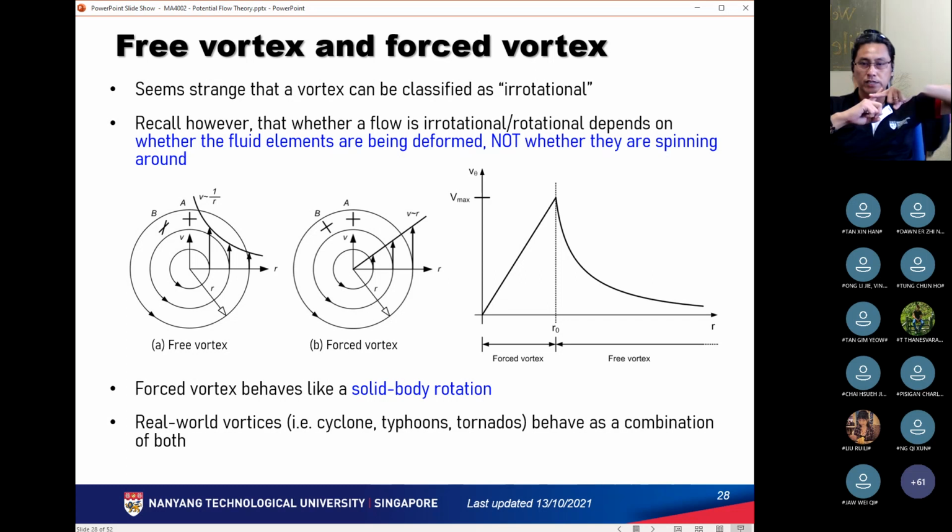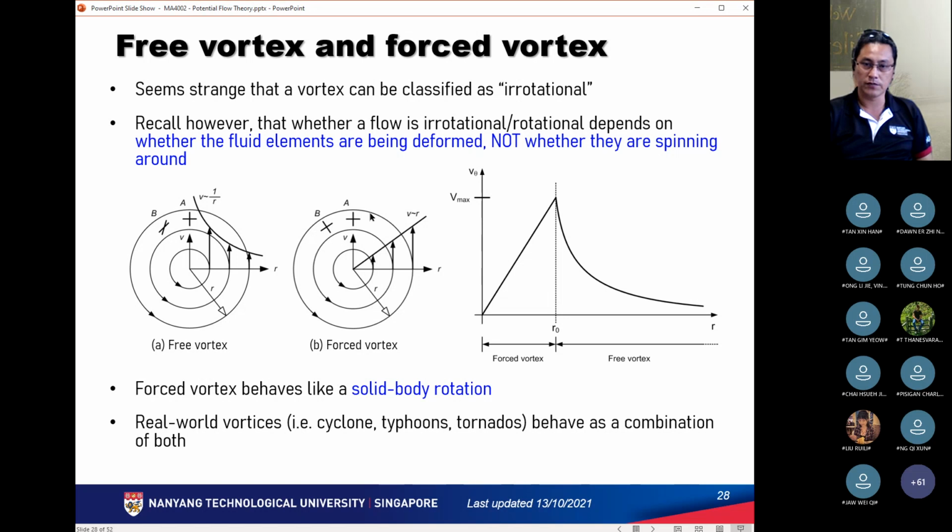But because it's a potential flow, vorticity will have to be equal to 0. That means any angular deformation in both directions will have to cancel out each other, such that vorticity equals 0 and it remains an irrotational flow.